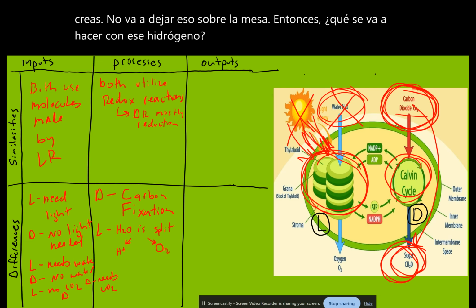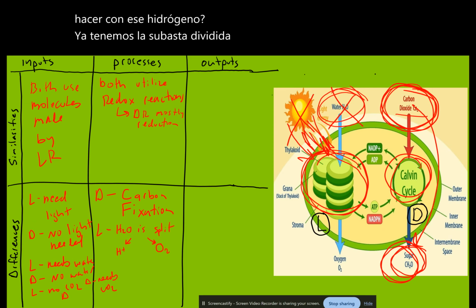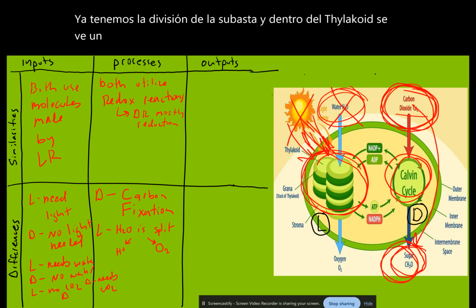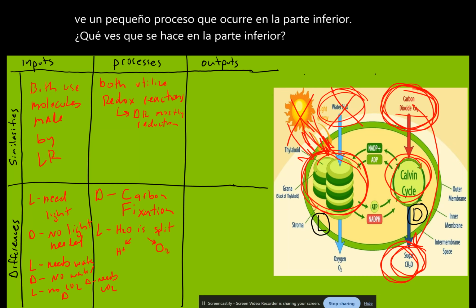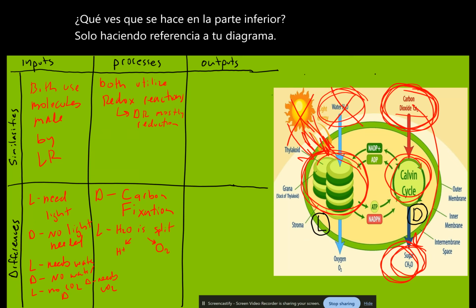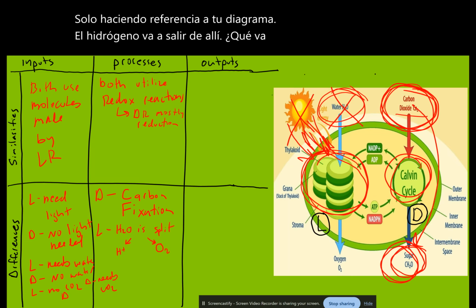Well, we got oxygen splitting off already. And inside the thylakoid, you see a little process happening at the bottom. What do you see being made at the bottom? Just referencing your diagram. The hydrogen is going to pour out of there. What's going to be created from that energy?